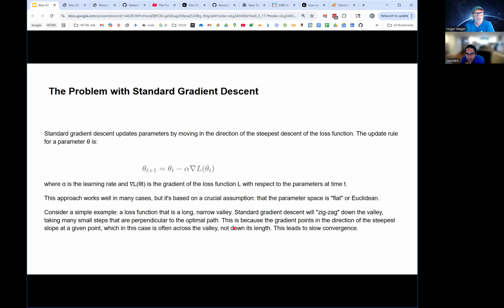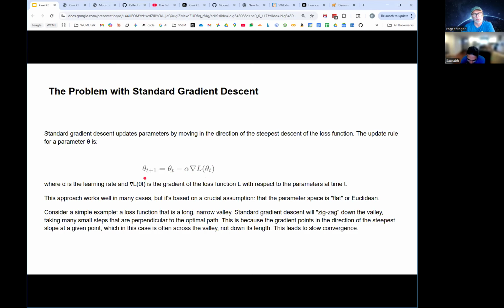The problem with standard gradient descent is this. You're going to optimize the parameters by using some learning rate based on the gradient of the loss function with respect to those parameters. And we use the negative because we're moving down to the point of lowest loss.